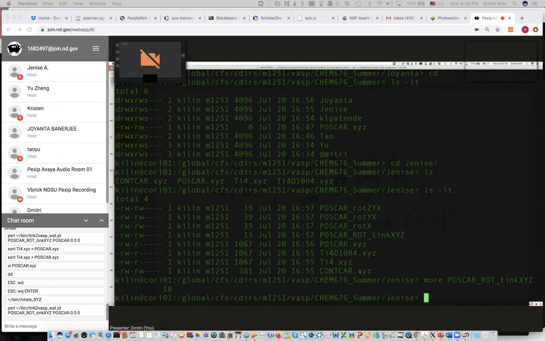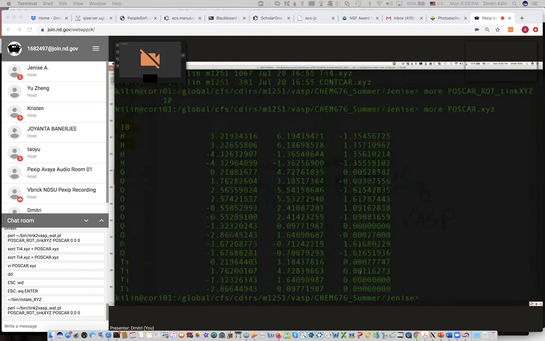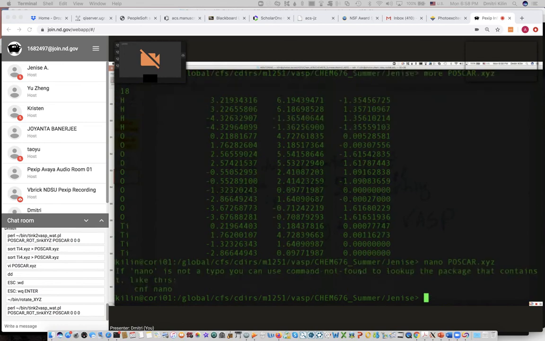Let me check once again, more postcard. So Janice, you didn't modify your postcard, so please open the postcard in VI. I don't know if they have Nano. Nano is a little more user friendly. No, it's not installed. So open your postcard in VI and do the same thing as Jayanta did. So remove the empty line at the top and add an empty line between the number of atoms and the first hydrogen.